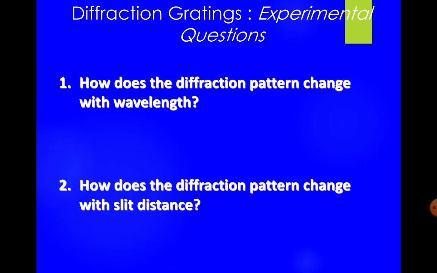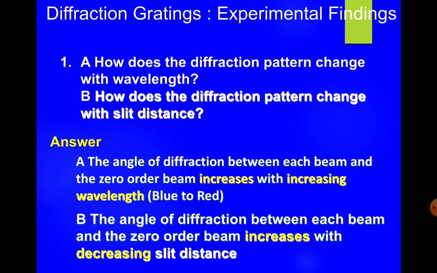Now, how does the diffraction pattern change with the wavelength? How does the pattern change with the slit distance? For A, how does the diffraction pattern change with the wavelength?